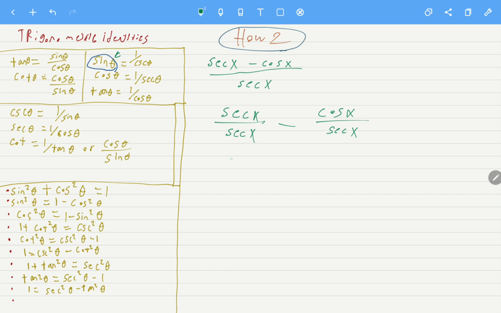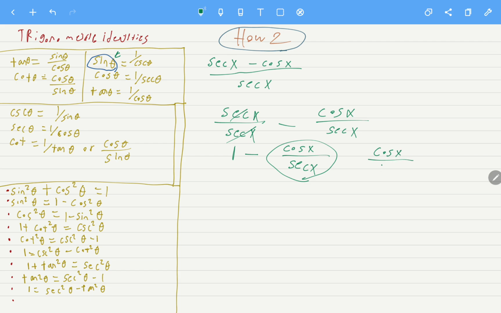And essentially what you did here is you made this into a 1 and then cosine x over secant x. This has been crossed out. It has turned into 1 over cosine over secant, which is what? We don't know. So we need to find what this thing is. Cosine over secant.